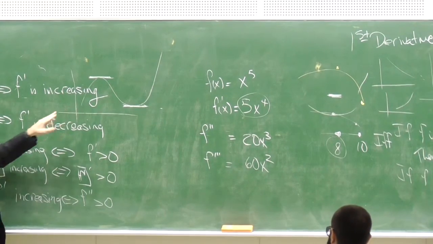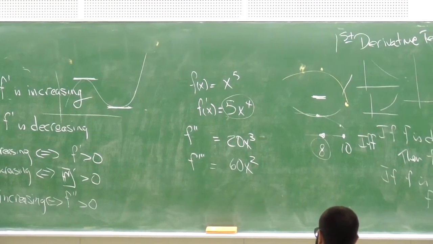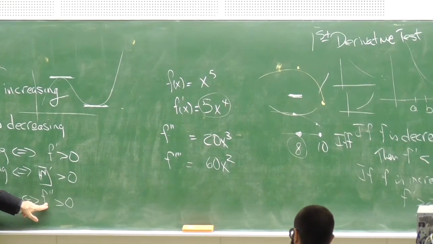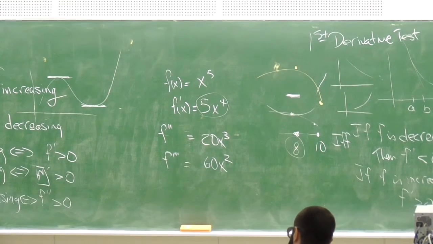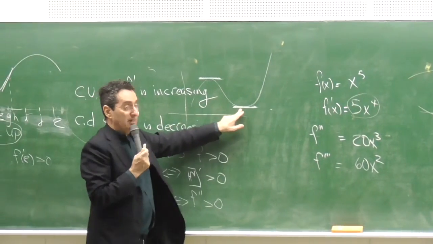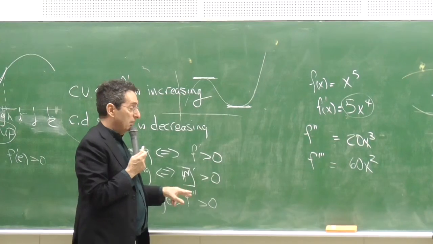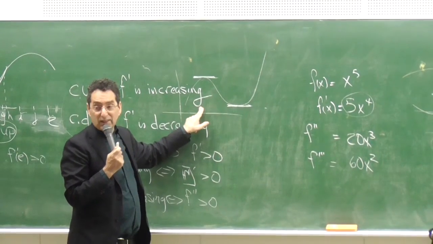Okay, so if you find that the second derivative is positive, then you know it's concave up. That means it looks like this, concave up. And if you find the second derivative is negative, then you know it's concave down, looks like this.